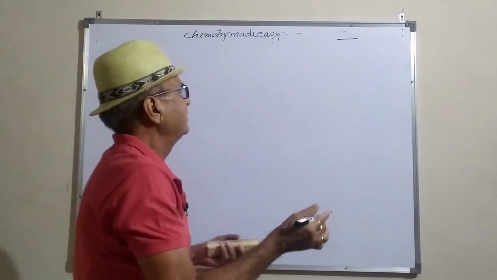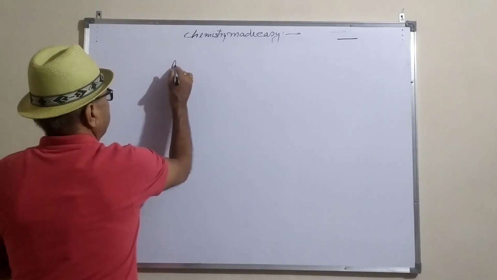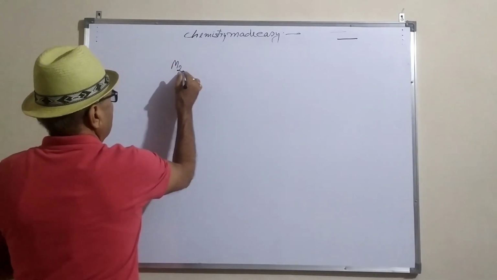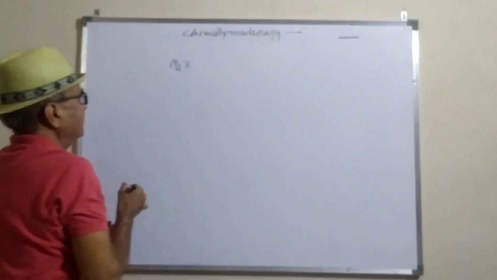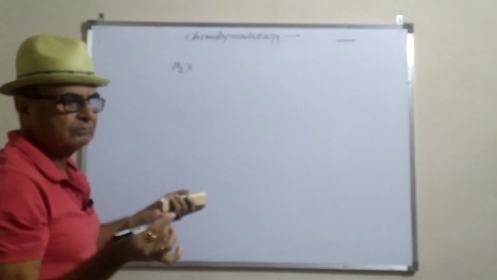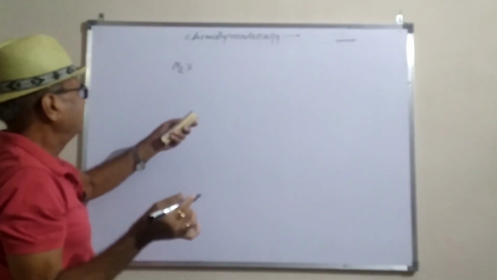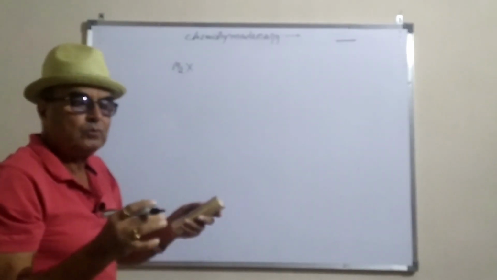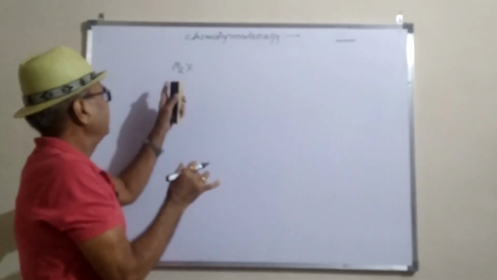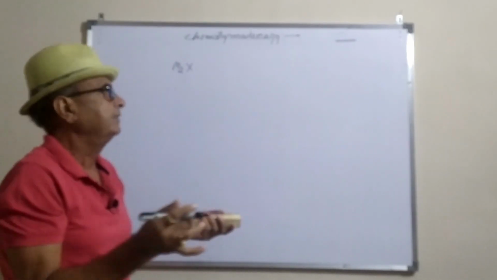Suppose this is M2X. It is a general formula of any compound. Now you have to dissociate this M2X into ions.